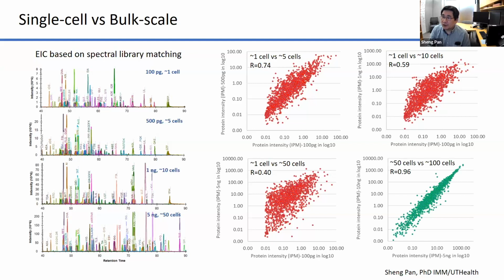Both are considered pseudo bulk samples, and you can see that they are well correlated. This data underscores the importance of doing single cell protein profiling, because it might reveal a different proteome landscape that can be masked by bulk scale analysis.